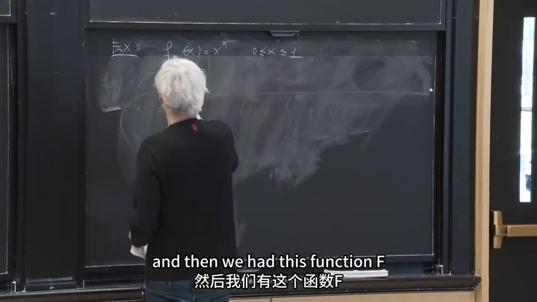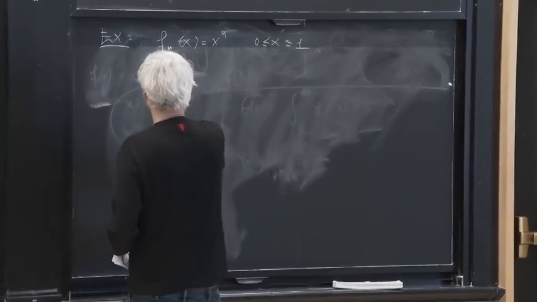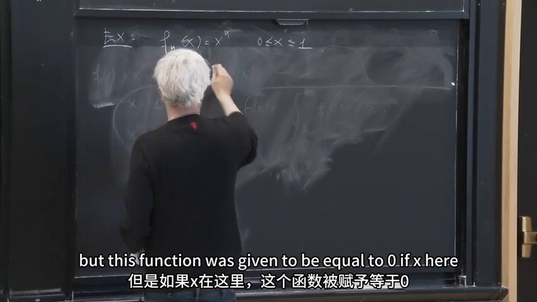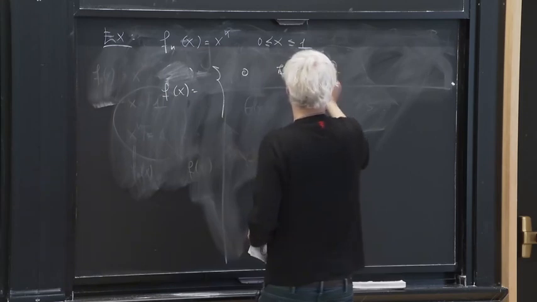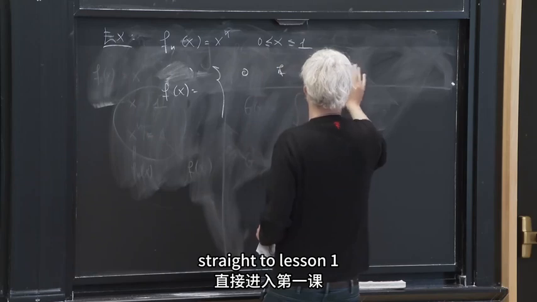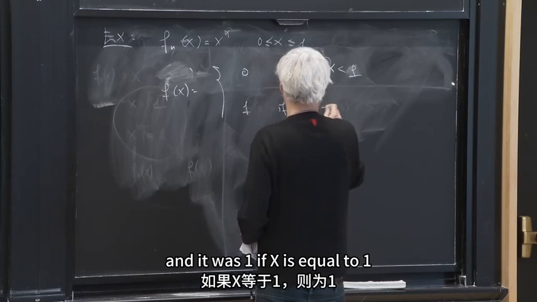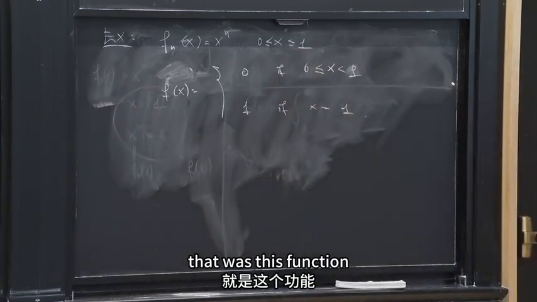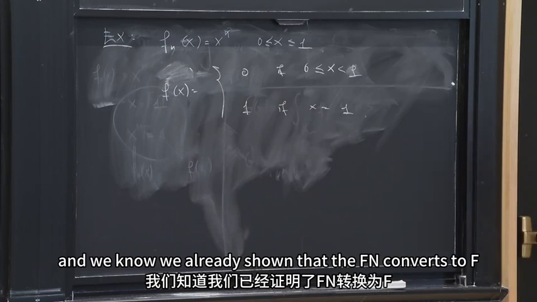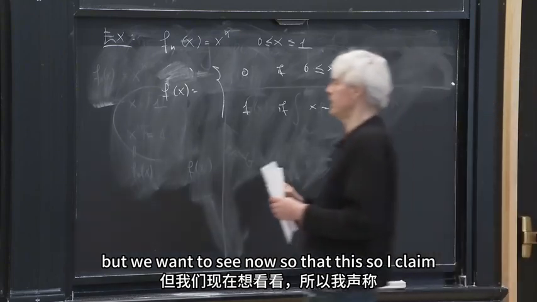And then we had this function f, which was not continuous, given to be equal to 0 if x is strictly less than 1, and it was 1 if x is equal to 1, right? That was this function f. And we already showed that the Fn converges to f pointwise.